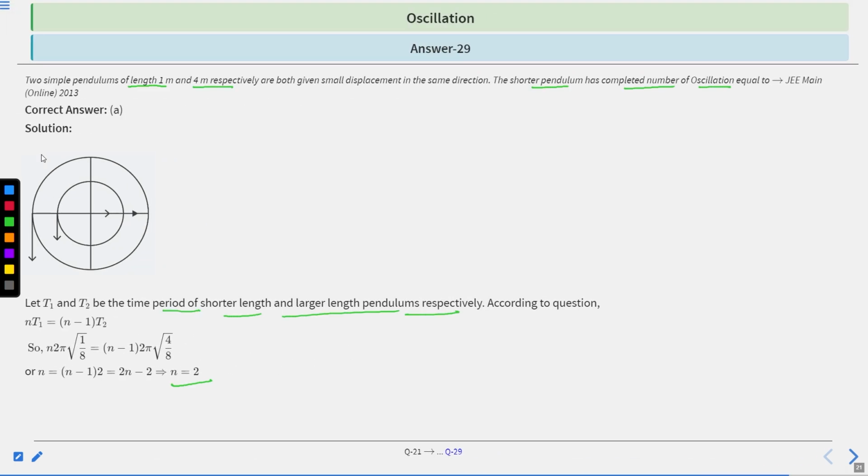Similarly, in this diagram, when the shorter pendulum completes one cycle, the bigger pendulum also completes its revolution, depending on their length.